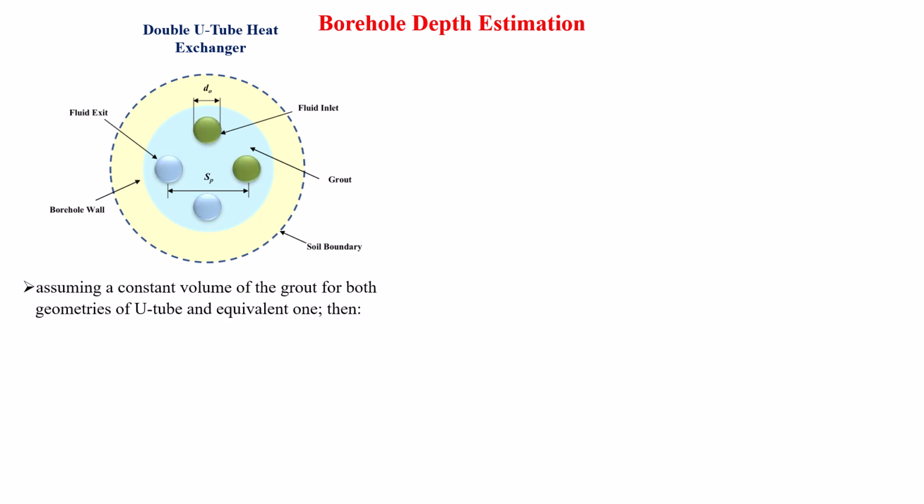Let us go back to the same assumptions which we used previously, where we consider the grout material volume to be the same for both the original design and the equivalent design. And let us assume that we have two tubes that are identical and similar in their dimensions, such as the length and the diameter.